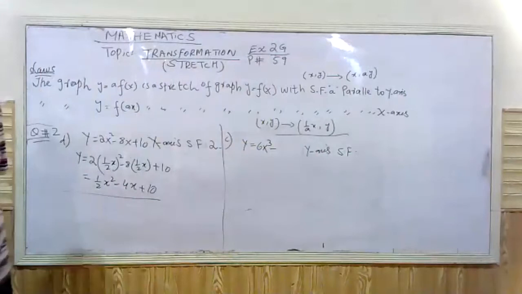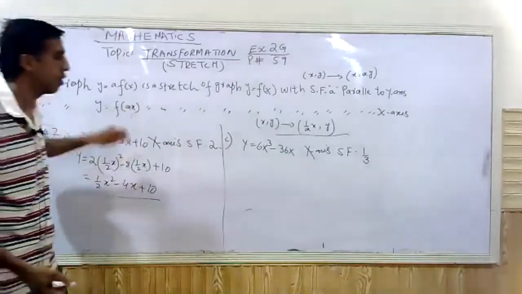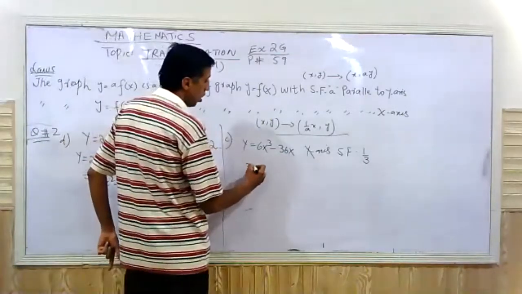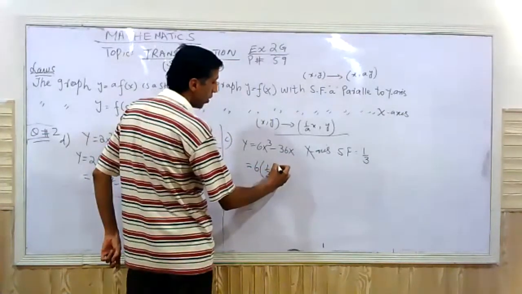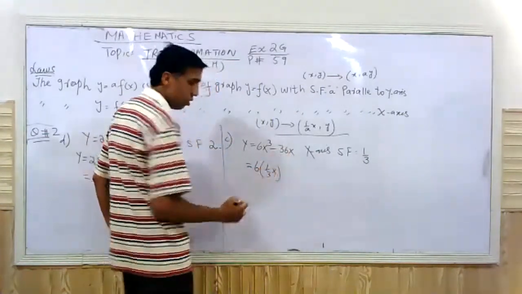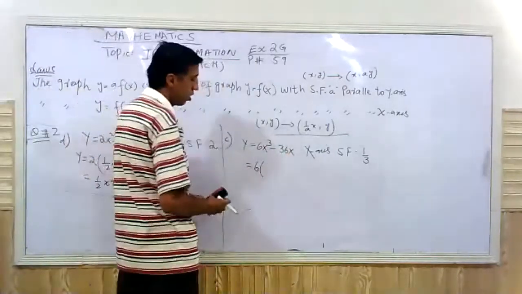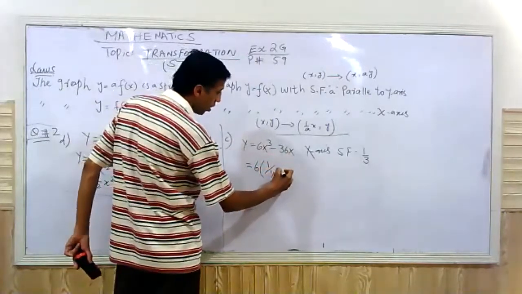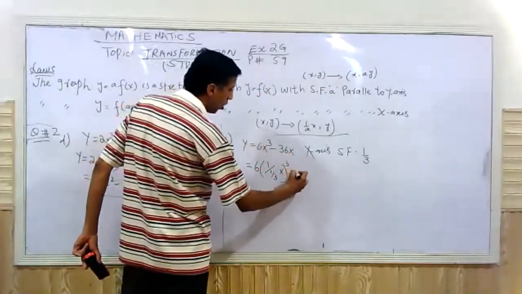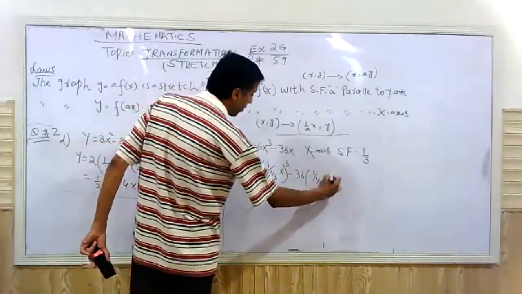Again, if it is the x-axis, it means we have to replace x with x over a. 6 into 1 by 3 x cubed minus 36 into 1 by 3 x.